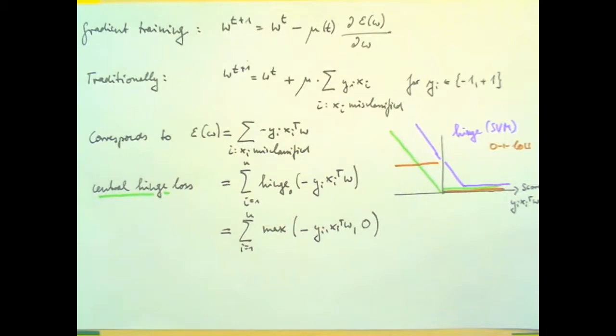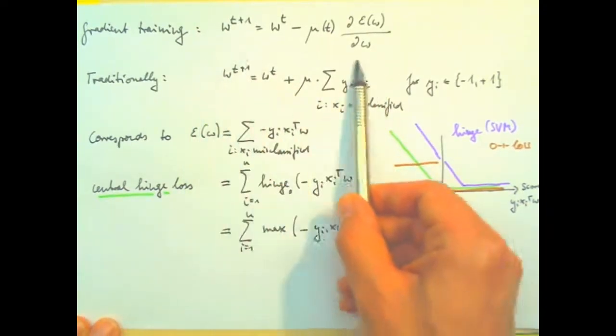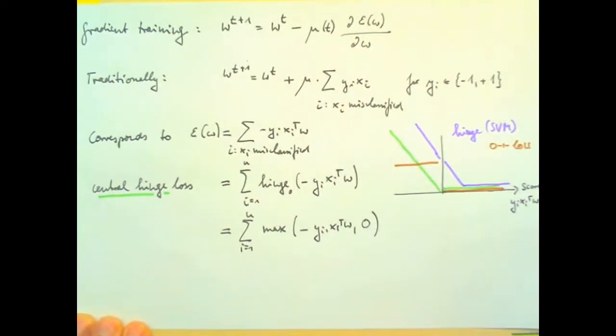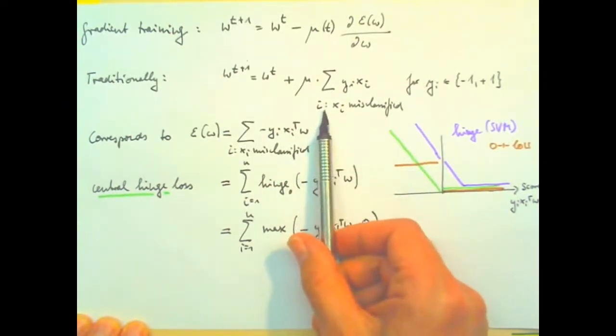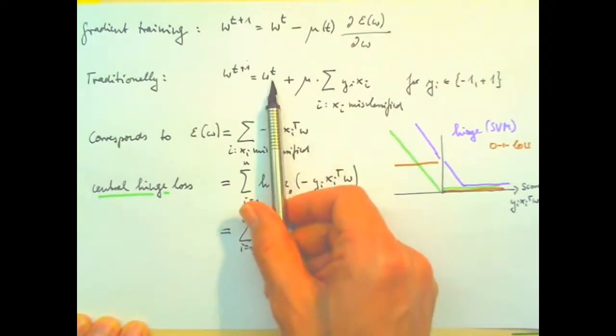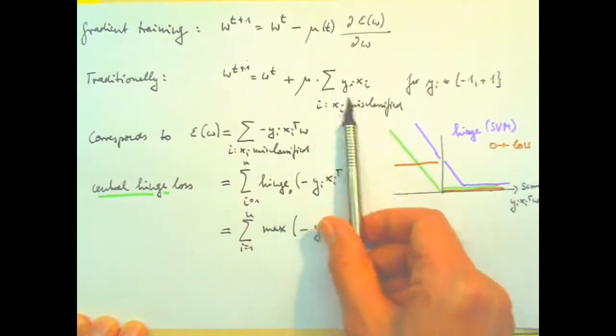Okay, but back in those days it was not yet called hinge loss, it was called the perceptron learning algorithm, and you can use this recipe for either batch learning or online learning. The way I wrote it here, to go from epoch t to training epoch t+1, I summed over the contributions from all training samples.